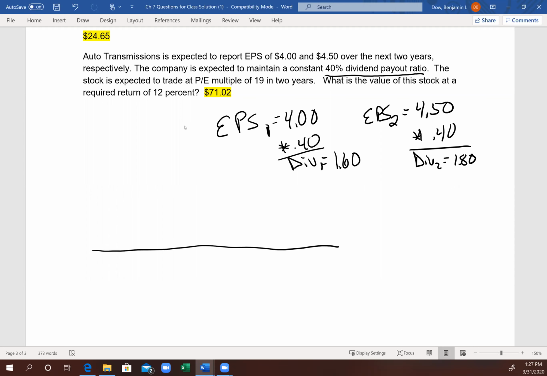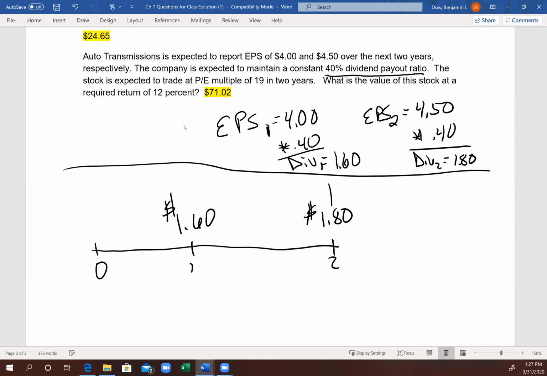So now we can kind of write this out. The dividend in year one is $1.60. The dividend in year two is $1.80. But now we've got to find a horizon value. Now remember, the horizon value in this case, instead of a constant growing perpetuity, they're going to use a P/E multiple approach.